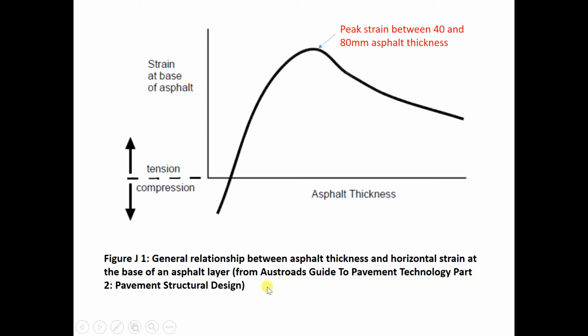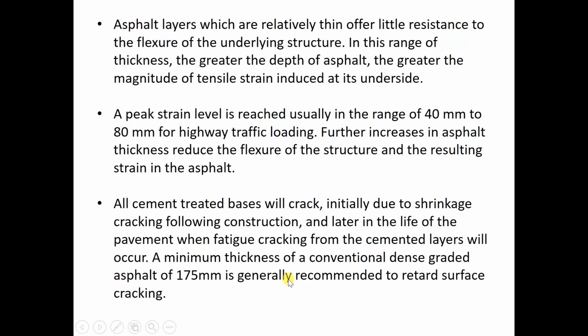So this figure shows the general relationship between asphalt thickness and horizontal strain at the base of the asphalt layers. Asphalt layers which are relatively thin offer little resistance to the flexure of the underlying structure. In this range of thickness, the greater the depth of the asphalt, the greater the magnitude of tensile strain induced at its underside.